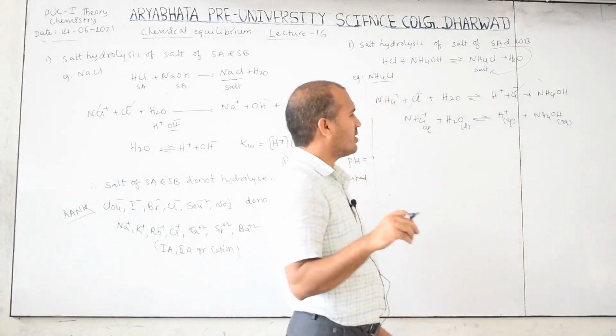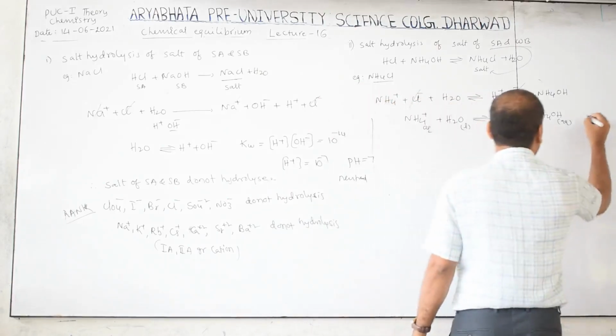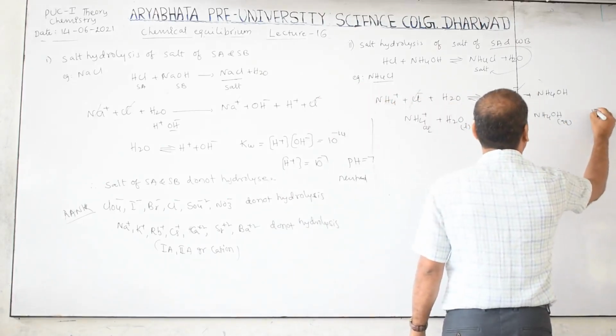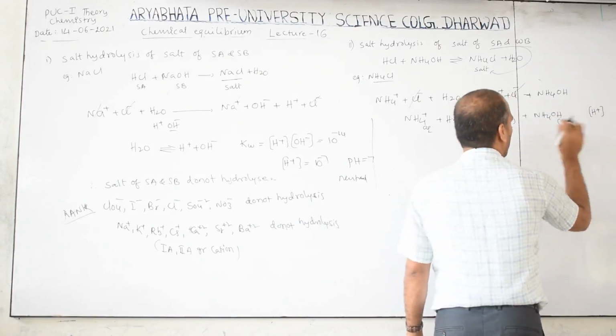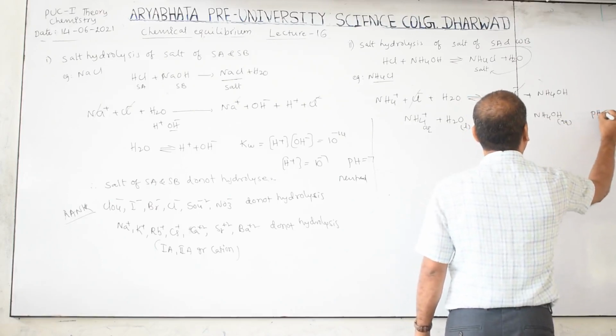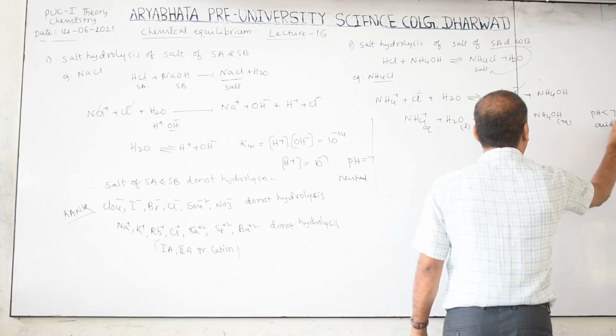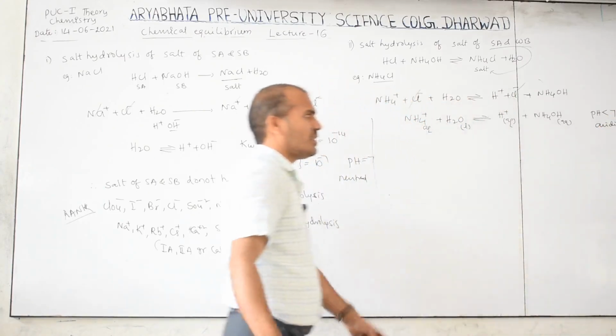Its dissociation is very small, while H+ ion is already present in dissociated form, therefore H+ ion concentration is more, so pH will be less than 7. Less than 7 means this is acidic. I wanted to prove that pH is less than 7.